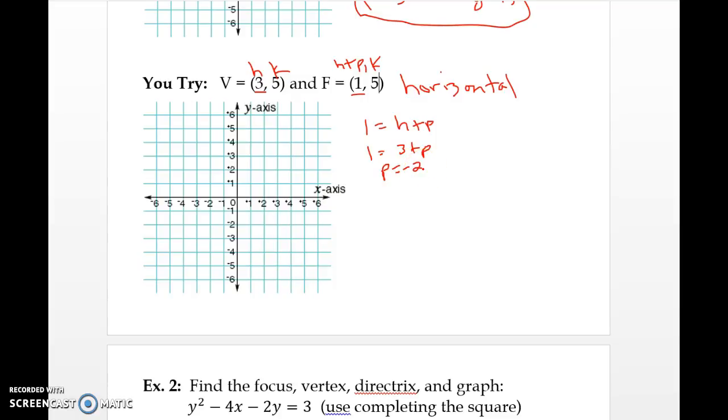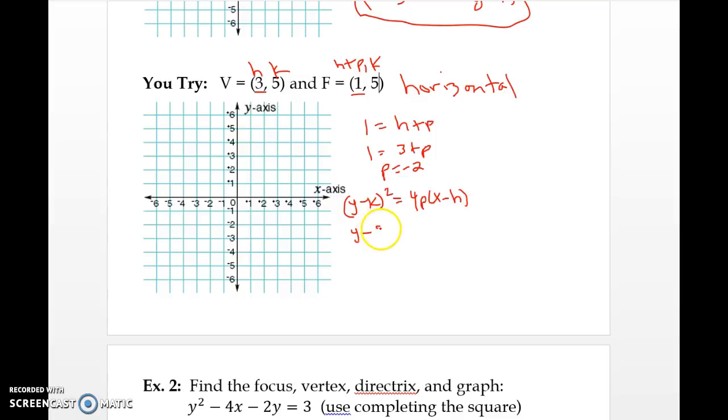The equation for a horizontal parabola is (y minus k) quantity squared equals 4p times (x minus h). So I'm going to plug in my h, my k, and my p.